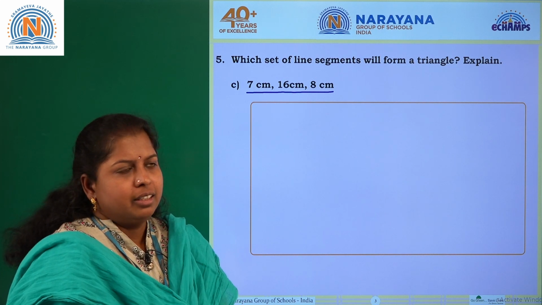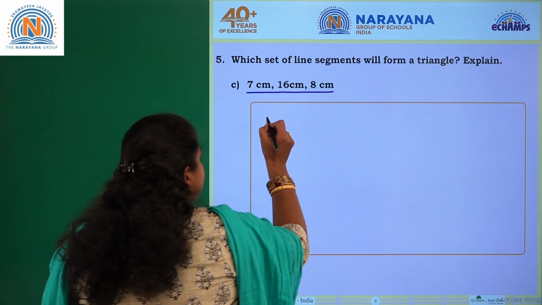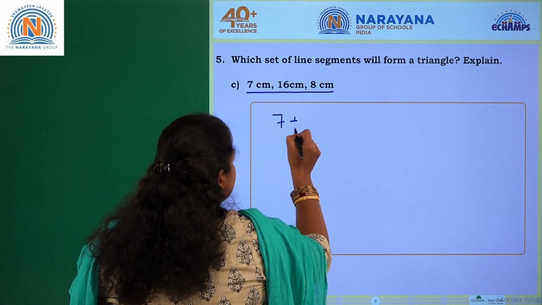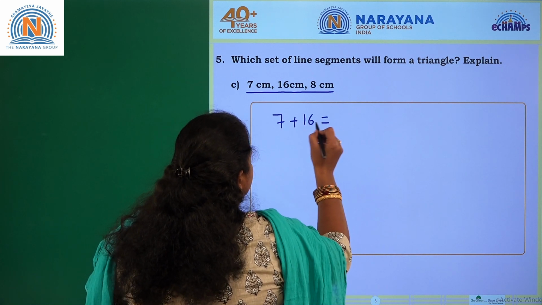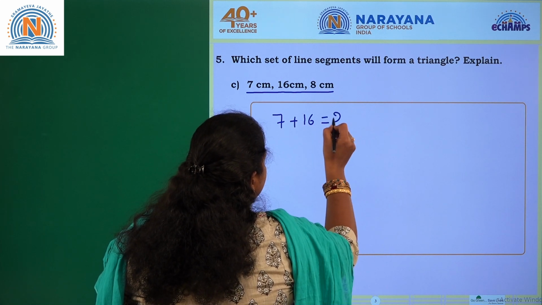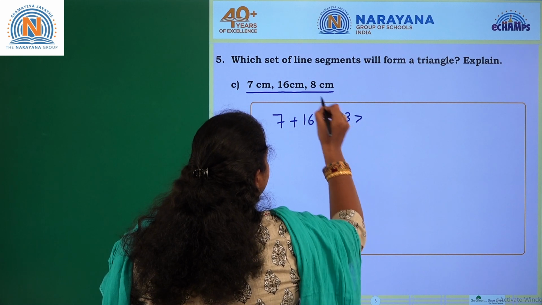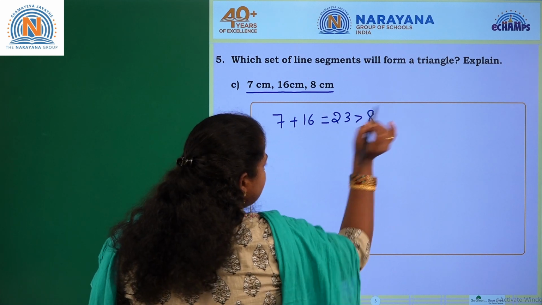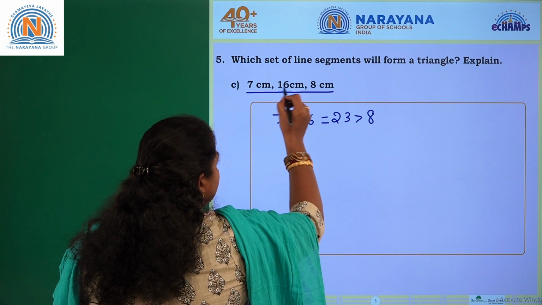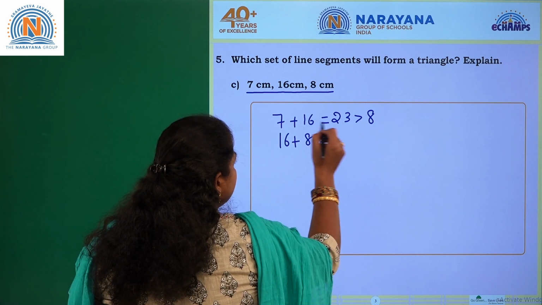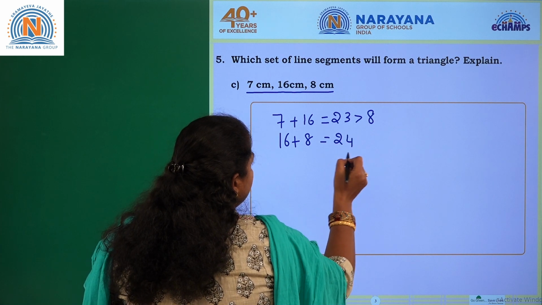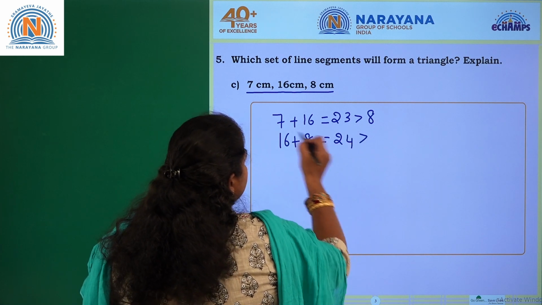Okay, right. If you observe, 7 plus 16, two sides I have considered. It is 7 plus 16, 23, which is greater than the third side, 8. So in this case, okay. But in the next case, 16 plus 8 I have considered, I will get 24, which is greater than 7.